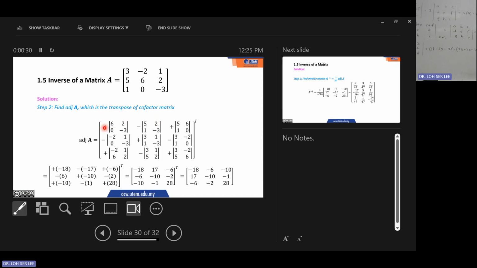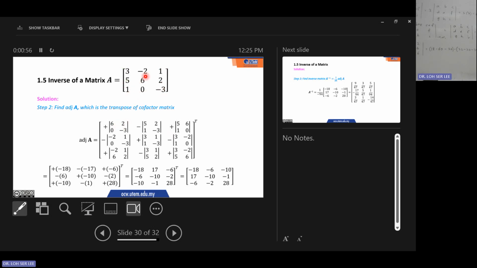We know that it will start from plus, so plus, minus, plus, plus, minus, plus, minus, plus, minus. You put the alternating sign first, and then for each of the entries, find the minor. So for this position, entry 3, remove this and this, you have 620 -3.